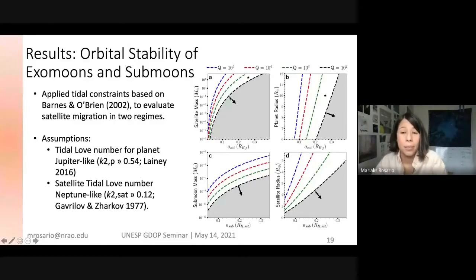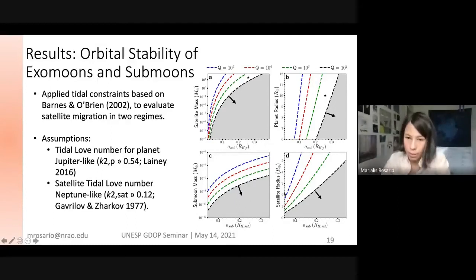The gray region here is where everything is stable, independent of the tidal quality number. And at the top panels, we can see the star representing where Kepler 1625 b-I would fall.